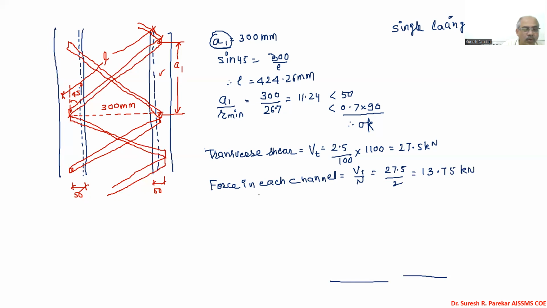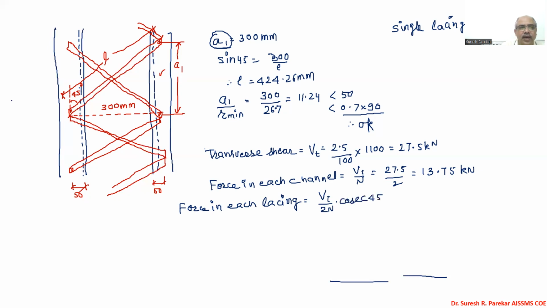Then we have force in each lacing. As we have lacing on both sides, we have Vt by 2n into cosec of 45.